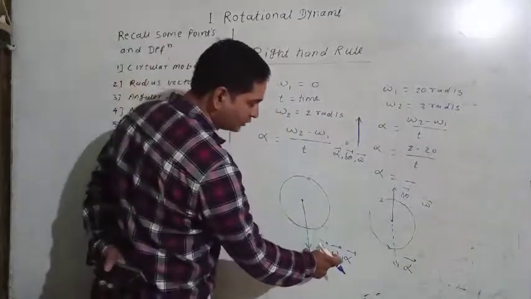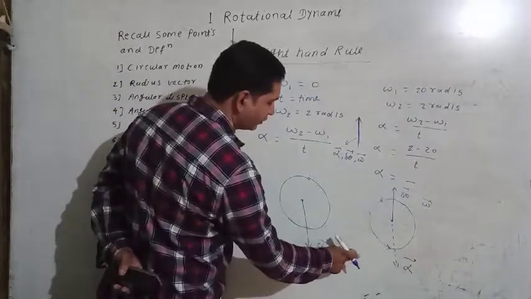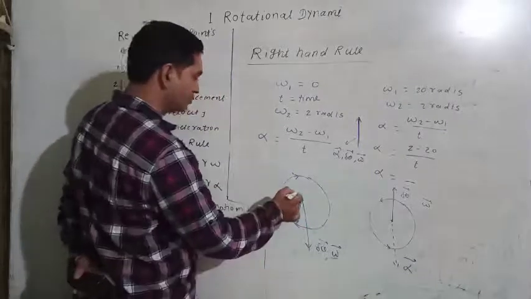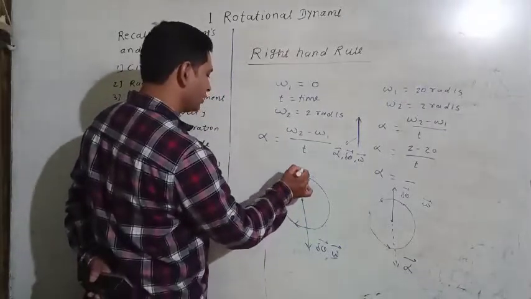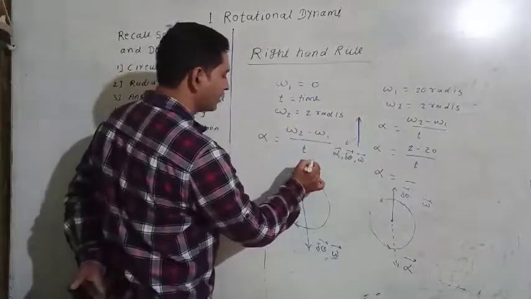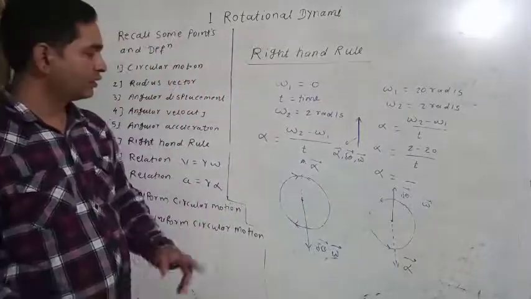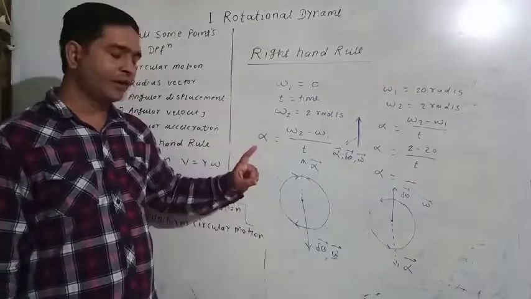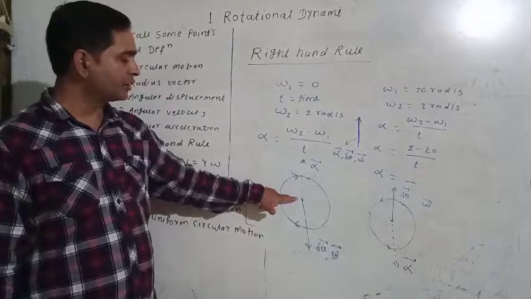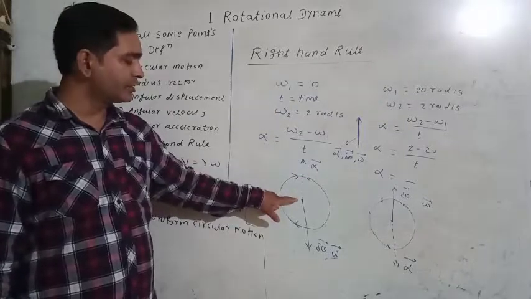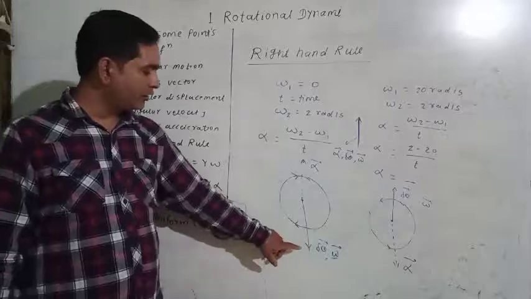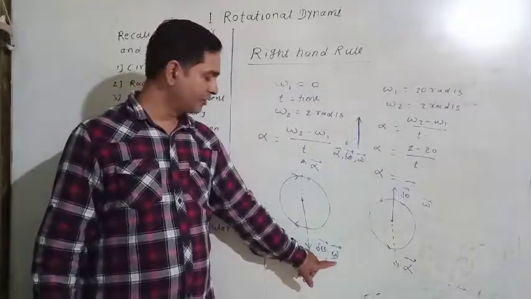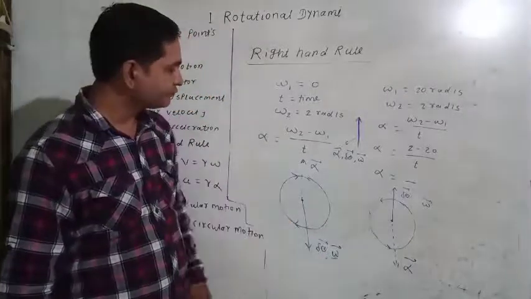If alpha is negative in clockwise direction, the direction of alpha is upward. If alpha is negative in clockwise direction, the direction of angular acceleration is upward and angular displacement and angular velocity are downward.